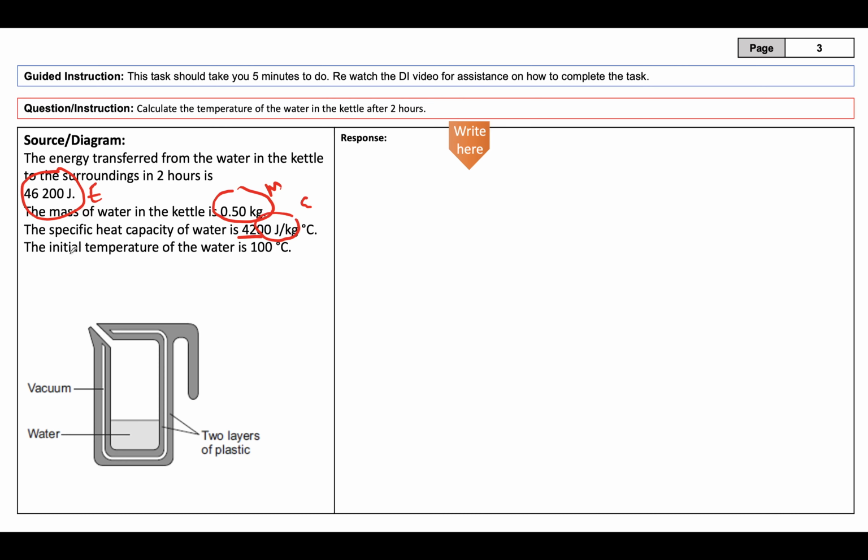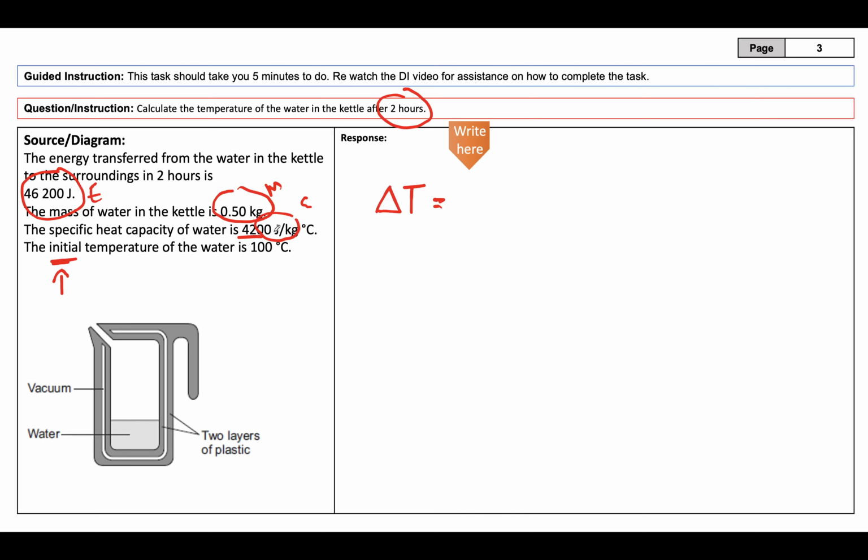And it's given us an initial temperature. So initial means the temperature at the start. And we need to calculate the temperature of the water after 2 hours. So we're going to have to calculate our delta T, our change in temperature. And then we're going to have to add that change in temperature or take it away from that initial one. Okay, so it's boiled and it's cooling down.